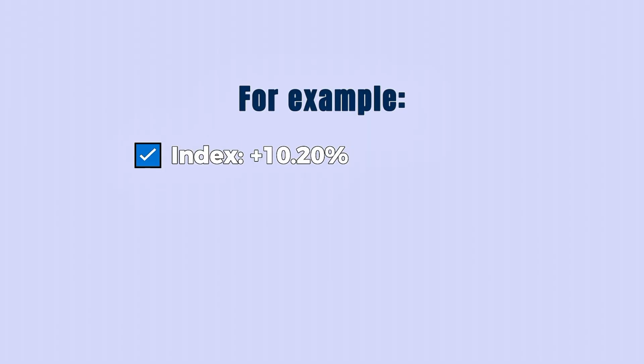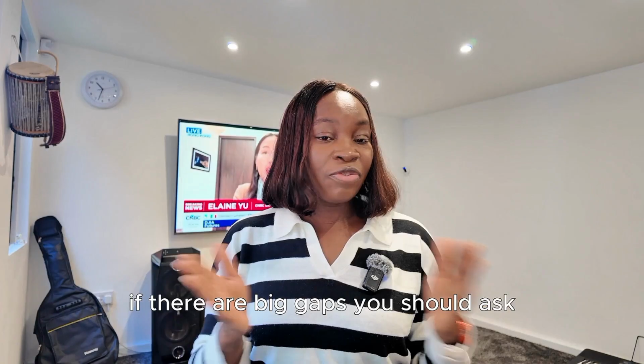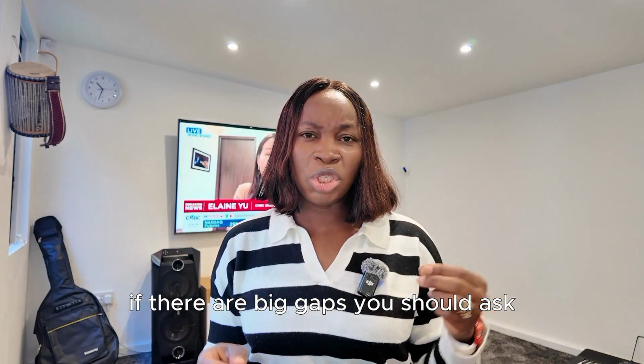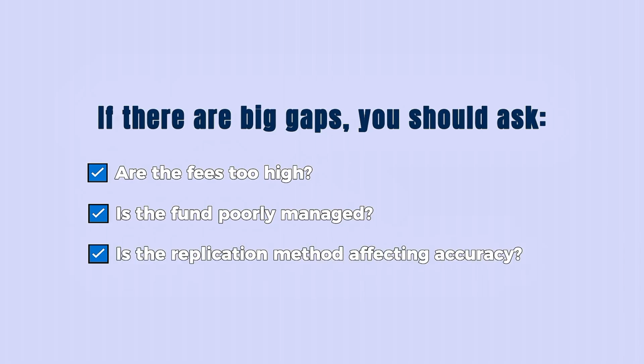For example, index gives 10.2%, fund gives 10.10%. That's good tracking. If there are big gaps, you should ask, are the fees too high? Is the fund poorly managed? Is the replication method affecting the accuracy?